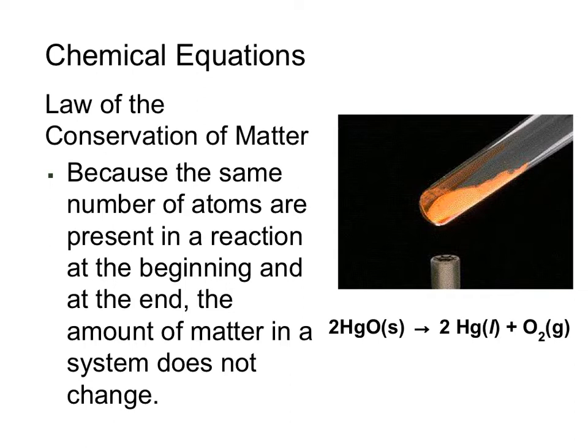the same. We can see here, for instance, that when we decompose mercury oxide, if we heat it up, the mercury and the oxygen will split apart from each other. Oxygen, when it exists by itself, though, exists as what we call a diatomic, meaning that two oxygen atoms are bound together. This is what we refer to as molecular oxygen.